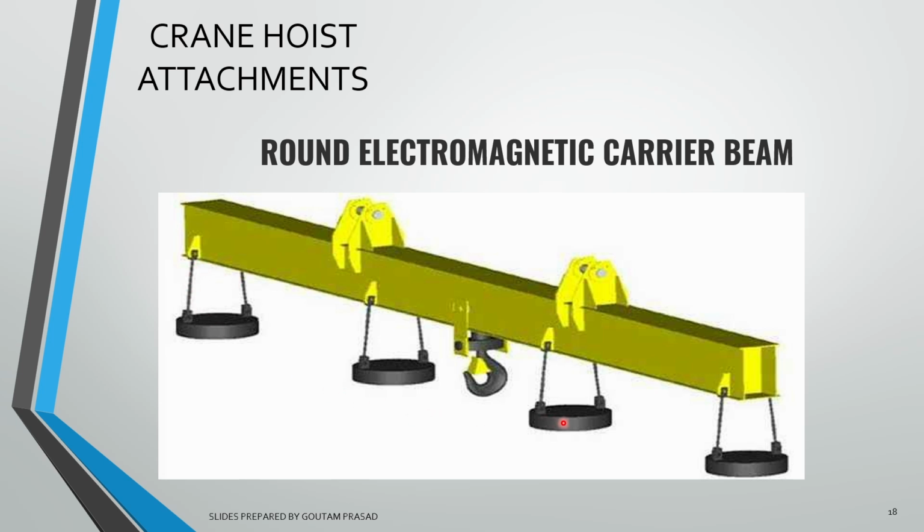Here also a round magnet is there, but they are hanging down from the spreader beam. And this spreader beam is lifted with the help of the crane. And when these magnets are powered, they are able to lift the ferrous materials.